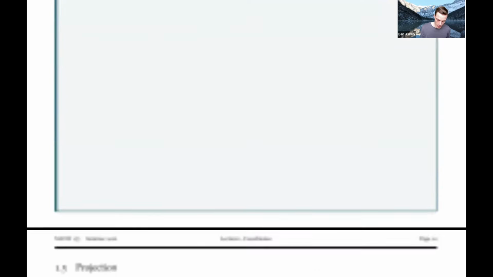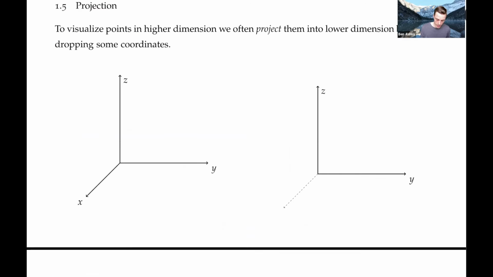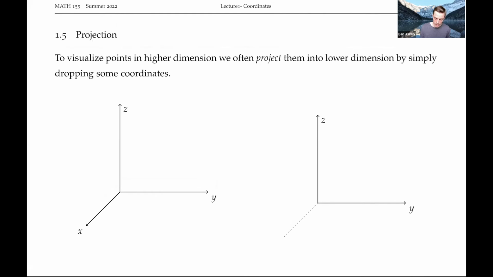So we can do that again in general for any sort of space. Essentially what's going on here is if we've got a point, say (a, b, c), so suppose this is a point (a, b, c) in 3 dimensions. What that means is you go along a units in the X direction, b units in the Y direction, and then up c units in the Z direction.